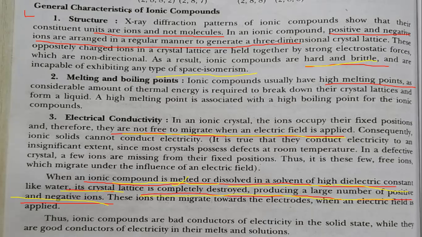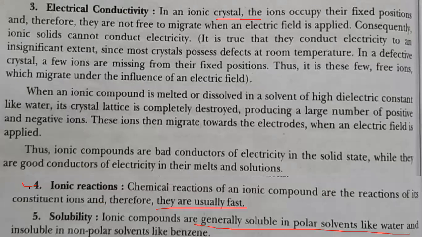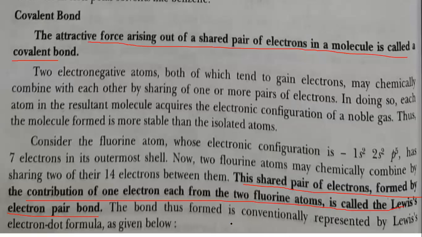So these are a few characteristics. For ionic reactions, they are usually fast. Solubility: they are generally soluble in polar solvents like water and alcohol, but they are insoluble in non-polar solvents like benzene, carbon tetrachloride, or other organic solvents.